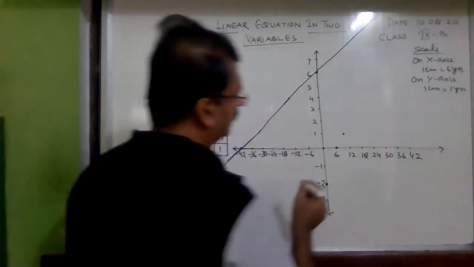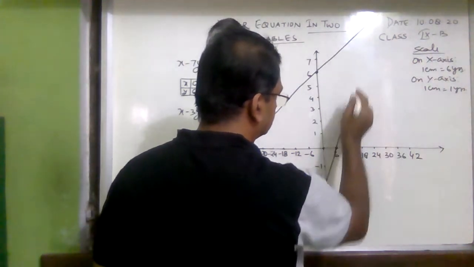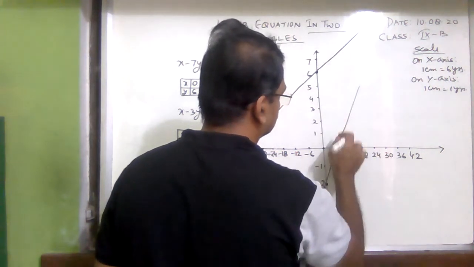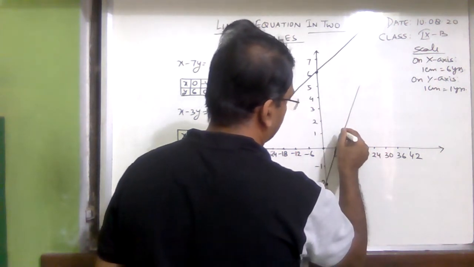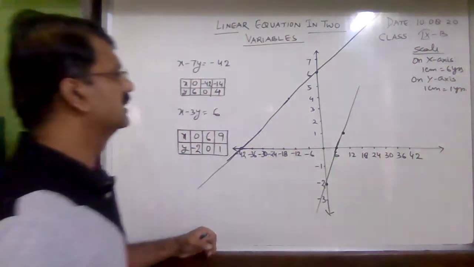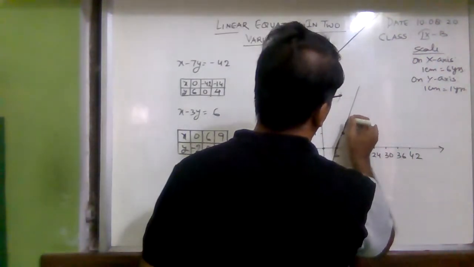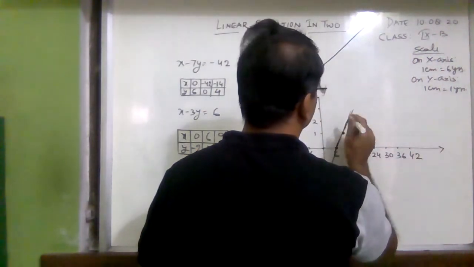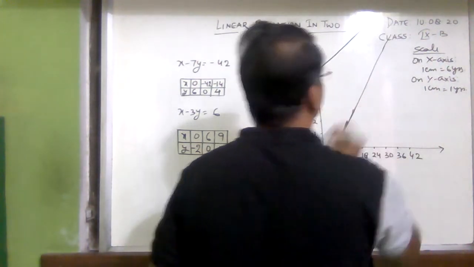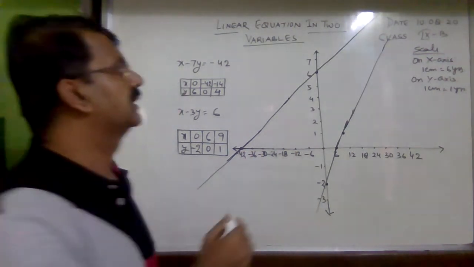Now once again, if you join them, you will get a straight line, as it's a linear equation. So this is the graph of the second, but you have to extend till they meet.